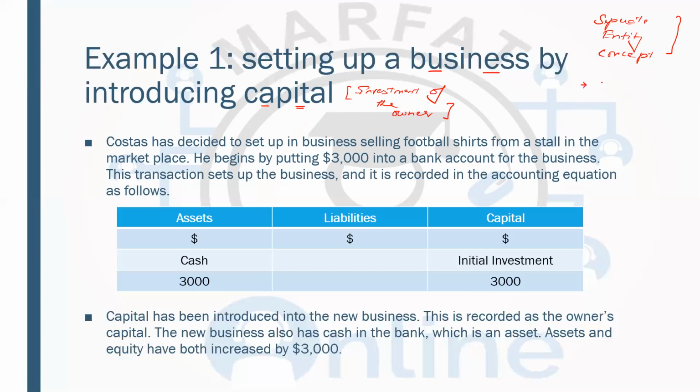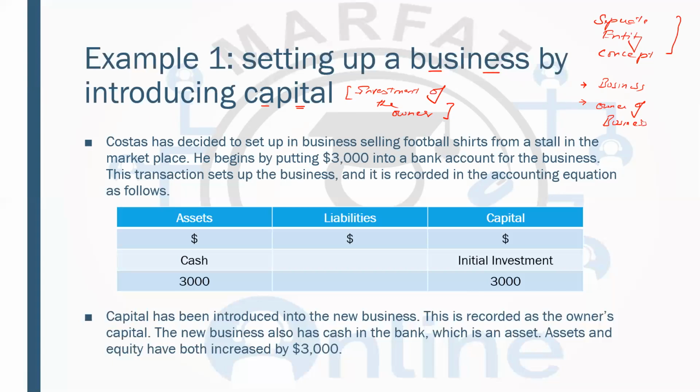And the second thing you need to understand is whatever the owner of the business is investing in the business is the liability of the business. I'm not talking about liability in the equation context. I'm just telling you a liability in some other context.